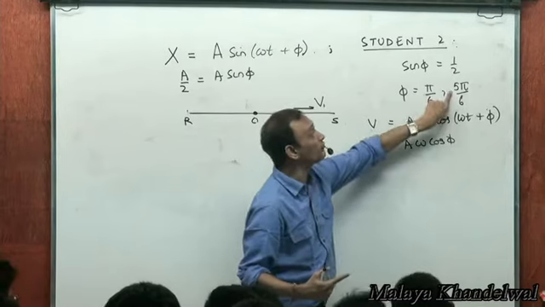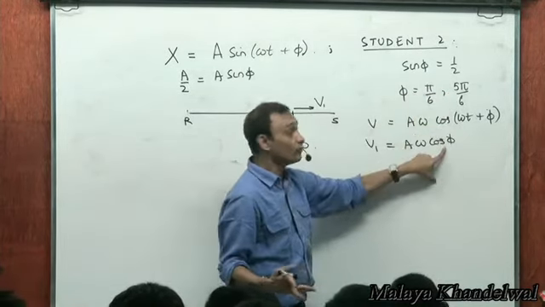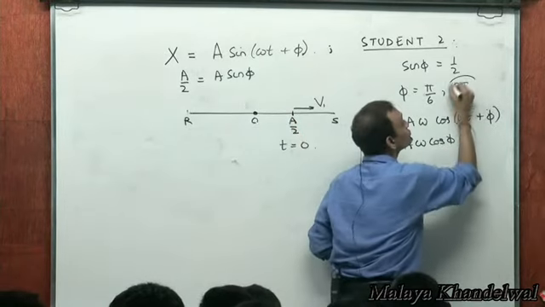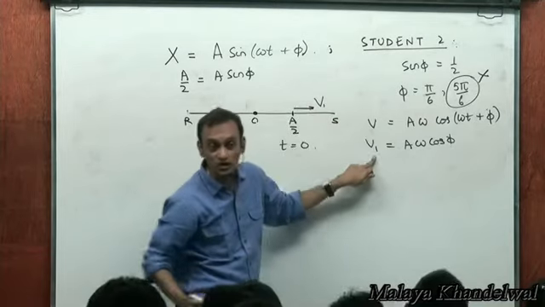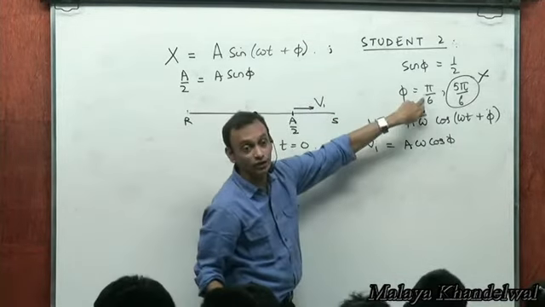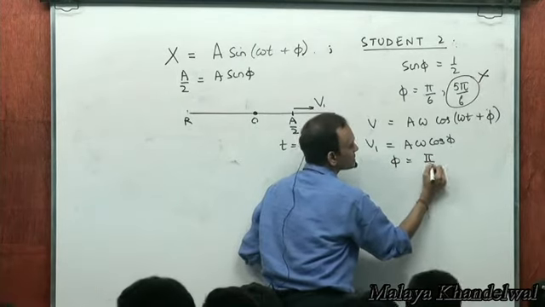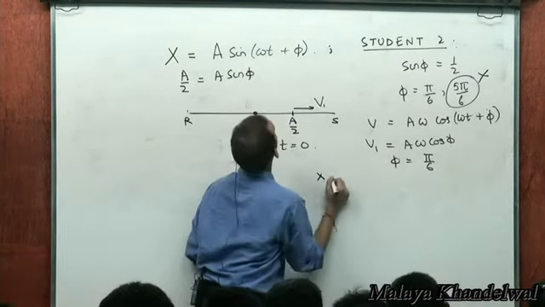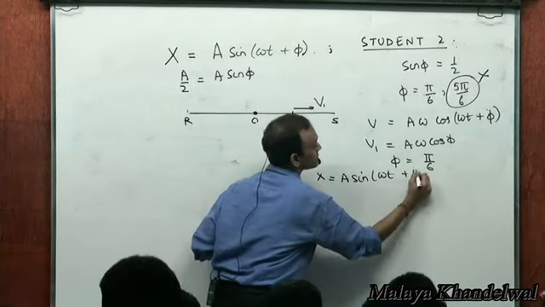Now phi equal to 5 pi by 6 would have given cos phi negative. Therefore, this must be ruled out, because v1 is positive. Therefore, what's the appropriate value of phi? Pi by 6. So this student says, okay, phi is pi by 6, and the motion is x equals a sine(omega t plus pi by 6).